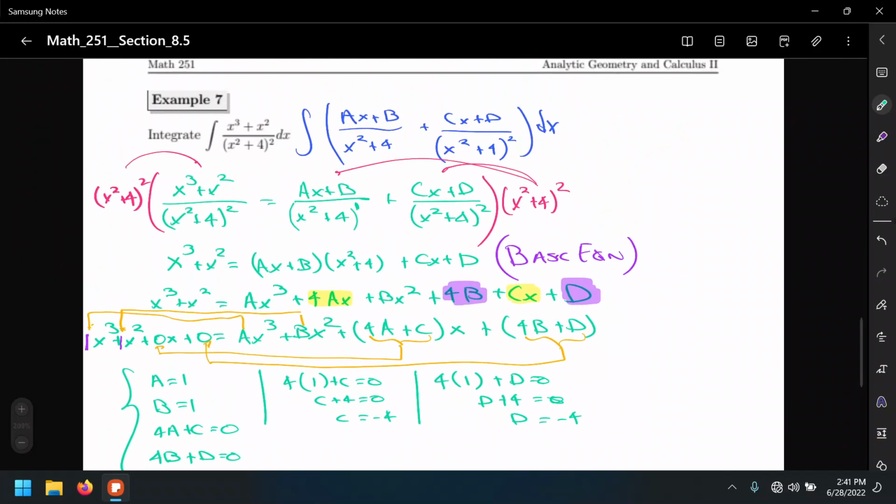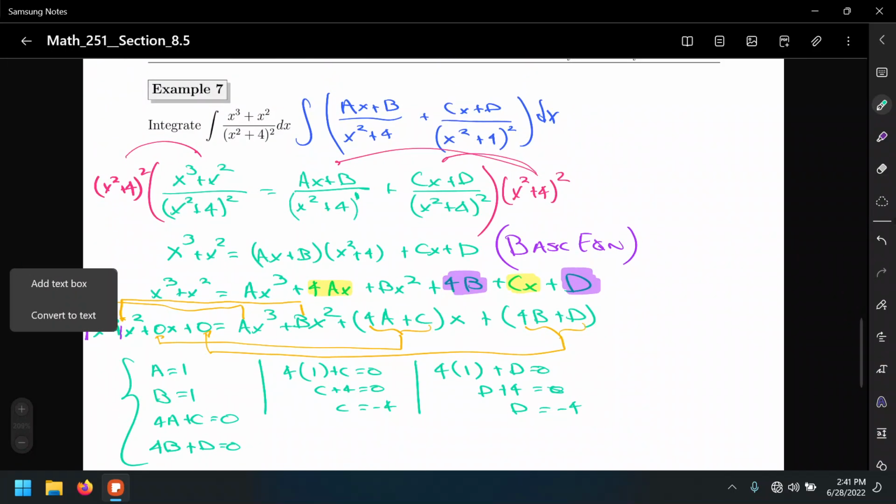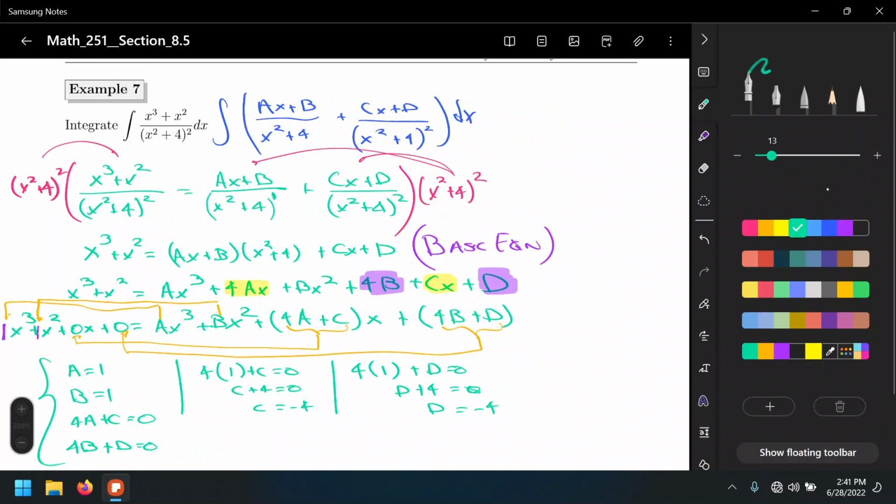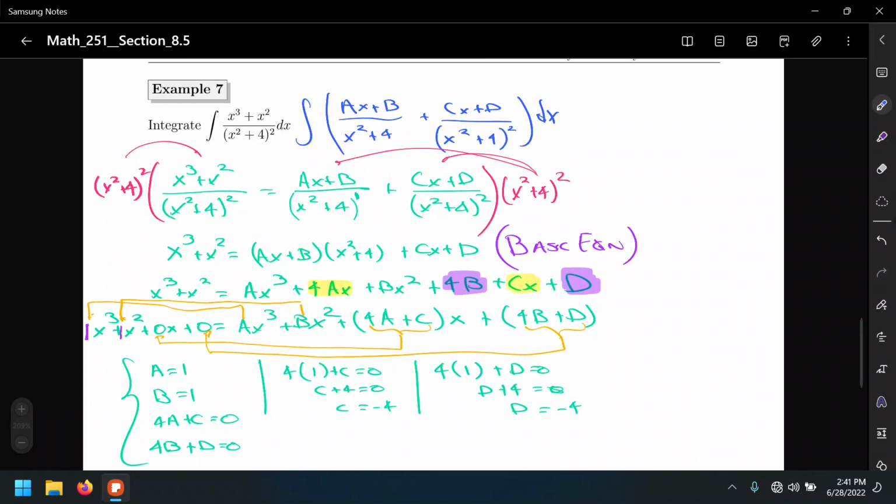Okay, let's go back to the integral. So a, which is 1x plus b, which is also 1, over x squared plus 4 dx, plus the integral of c, which in this case was negative 4x minus 4, over x squared plus 4 squared dx.